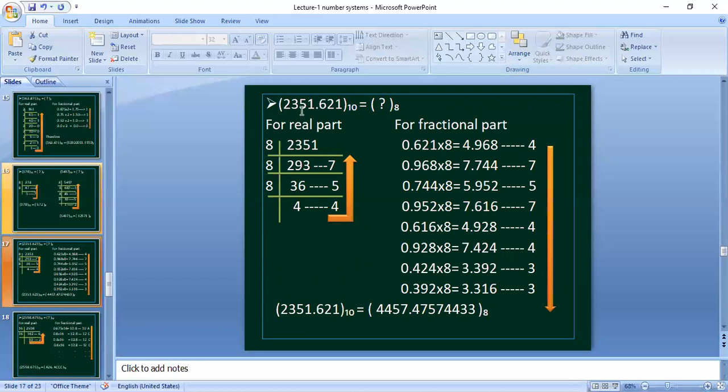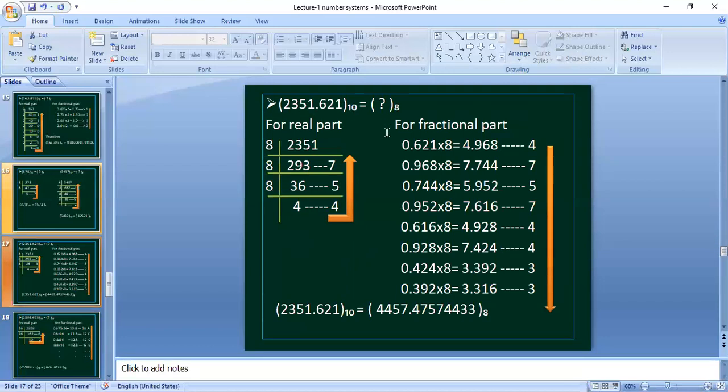For the integer part, we follow the successive division with 8. Here the final result 4 is less than 8, so we can stop the division here and consider the result from bottom to top. That is 4, 4, 5, 7.